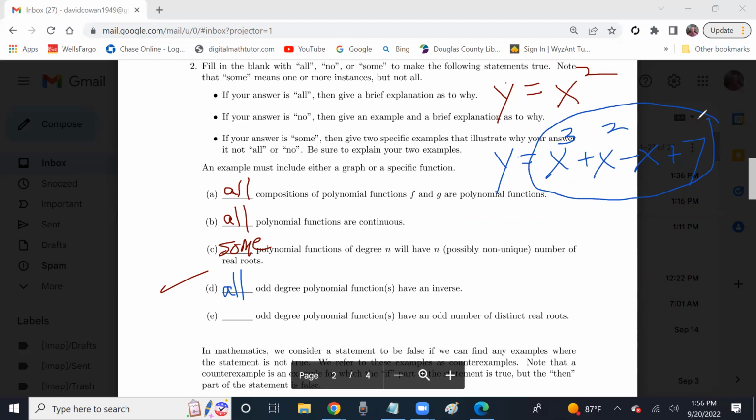And it either has 3 real solutions or it has 1 real and 2 imaginary. And imaginary solutions always come in pairs, never one. You'll never find a polynomial that has just 1 imaginary solution. So it always has 2, which means that yes, it's always going to have 1 real.